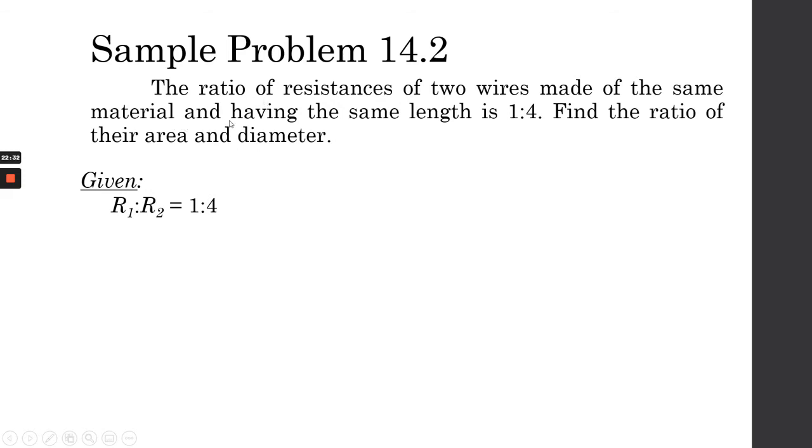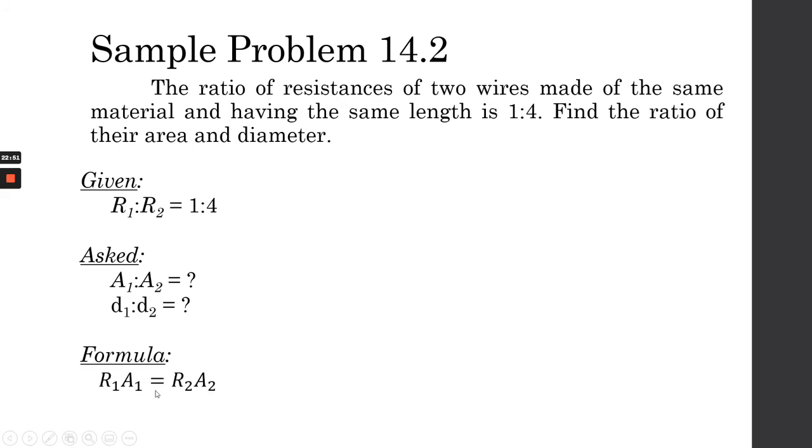And since the material and yung length ng dalawang wire is the same, ang tinatanong niya, ano yung ratio ng area, and ano yung ratio between the diameters ng wire na ginamit. So we can use this formula to solve for the ratio between the areas of the two wires and the diameters between the two wires.